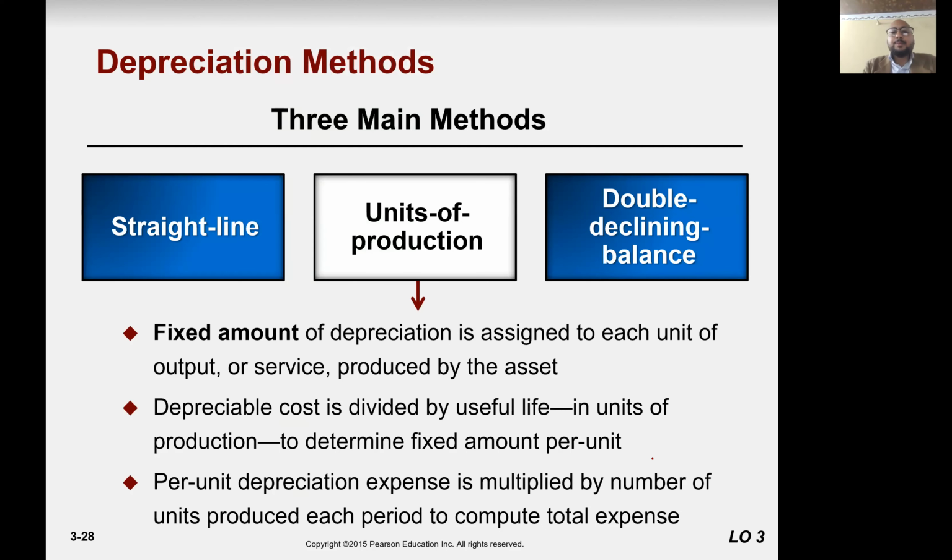So, a fixed amount of depreciation is assigned to each unit. Depreciable cost is divided by useful life in units. So per unit depreciation is multiplied by the number of units produced. So simple. You find out per unit depreciation, how many units you run the machine or truck. So you just multiply it with the units.